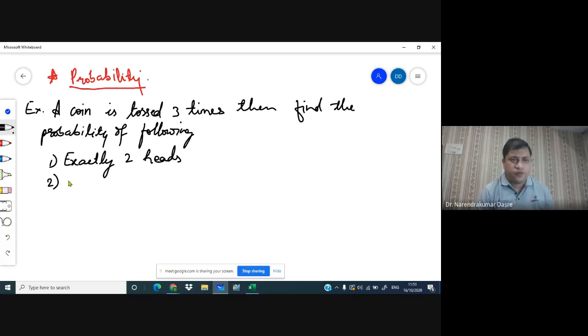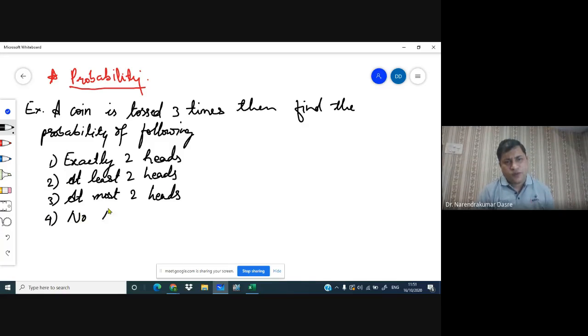Second, at least 2 heads. Third, at most 2 heads. And fourth, 4 heads.